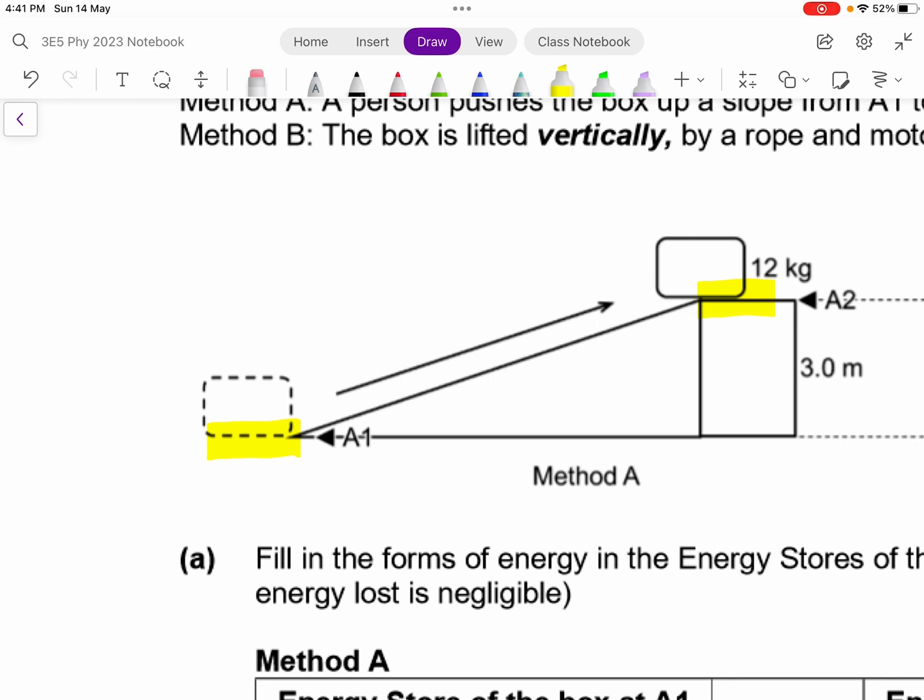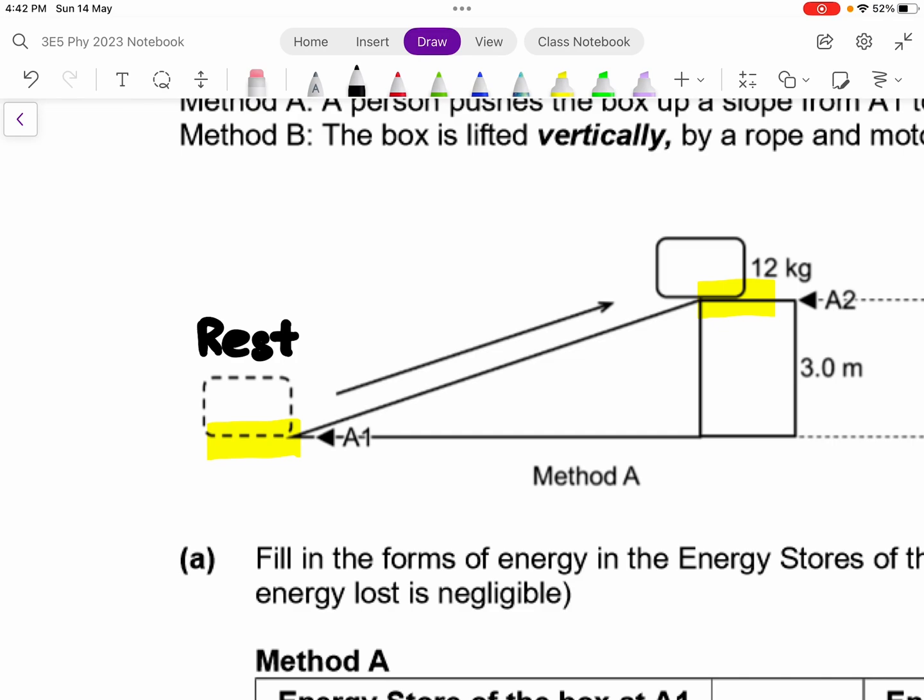So in this case, someone must have pushed it, right? The box will not be moving on its own, right? So definitely at the bottom, the box will be at rest, right? Then a person would have pushed it, and how much force is applied, I do not know.